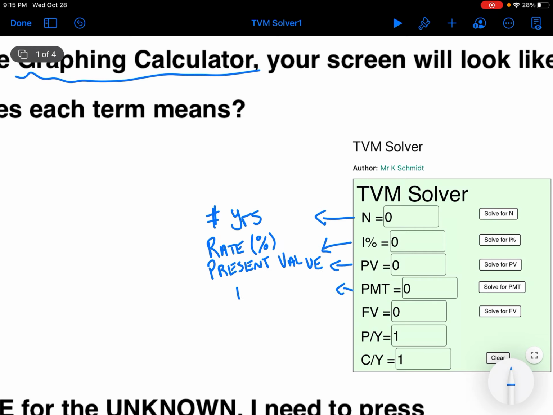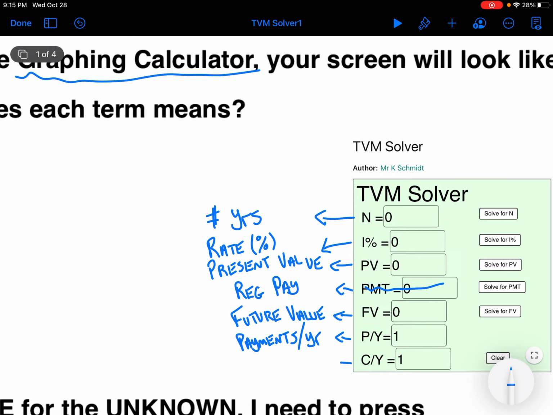Payments, we're never going to change this. This would be regular payment, and we're not going to deal with it. Our regular payment's always going to be 0, so we don't want to touch that one. Future value is FV. P/Y, again, we're not going to touch it, is payments per year.